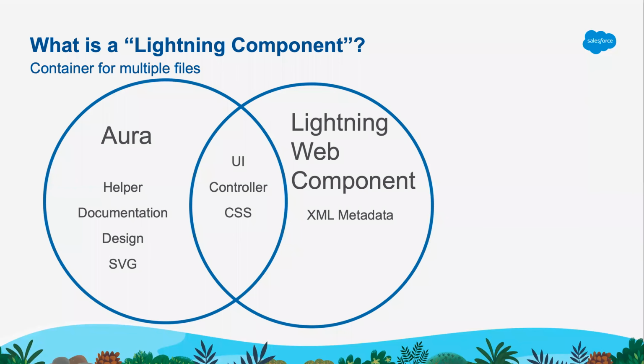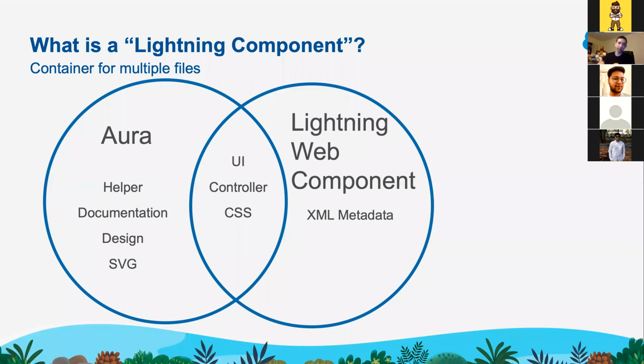But now, instead of having to explicitly tell our Visualforce page, hey, I want to work with this Apex controller, I want to pull in this static resource for CSS, I don't have to tell all my files about each other anymore because they're all bundled together in a component package, right? So my UI is going to know what controller to use automatically. My UI is going to know what CSS to use automatically. It's all bundled together, right?